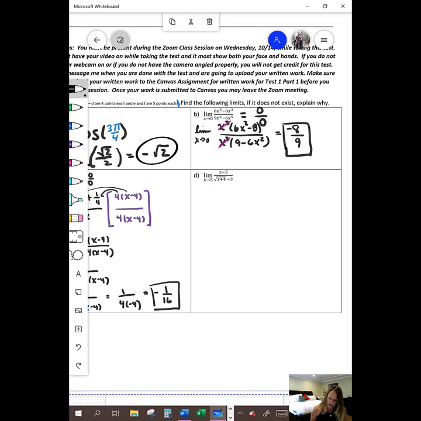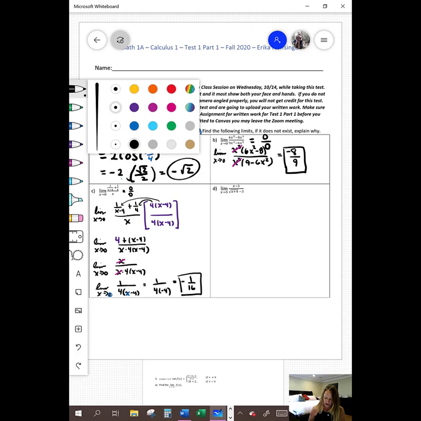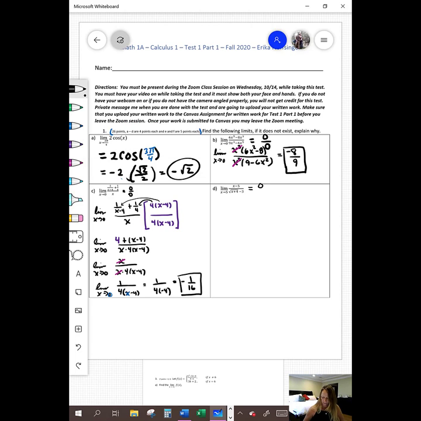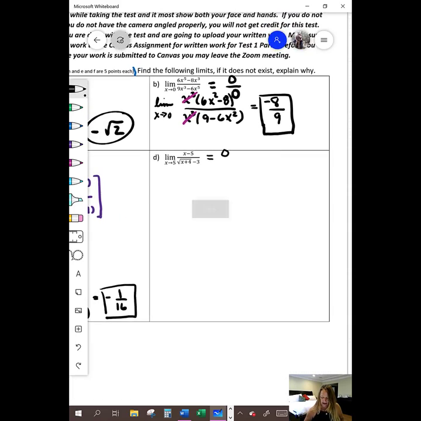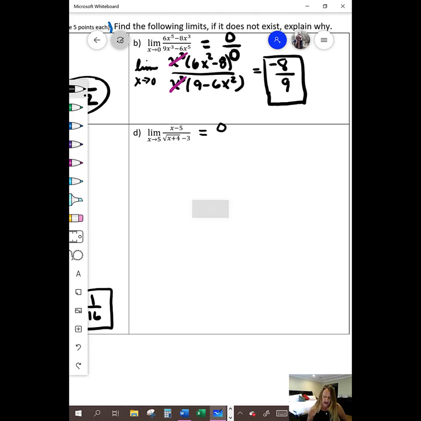If we do that though, we get 5 minus 5 in the numerator, which is 0, all over plugging in 5 wherever we see an x in that denominator. We have the square root of 5 plus 4, which is a square root of 9, which is 3. 3 minus 3 is 0. So again, we have an indeterminate form, and we need to manipulate this so we can find the limit.